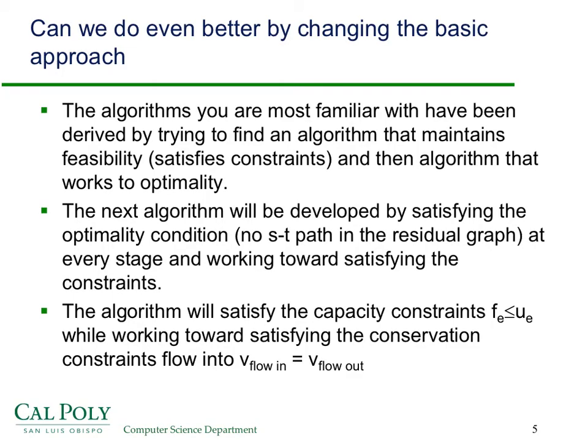So the algorithm will satisfy the capacity constraints, namely that the flow will be less than the capacity on every edge, but the conservation constraints will be violated, and then we'll have to work towards getting the conservation constraints to be satisfied, namely that the flow into any vertex is equal to the flow out of any vertex.